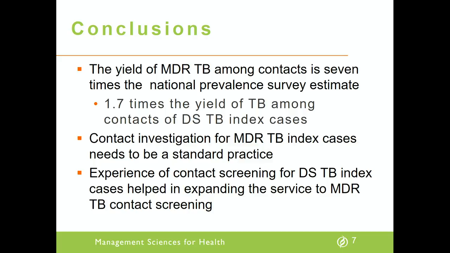So it's more pronounced in some focal areas that have poor housing conditions. And the yield was also 1.7 times the yield of TB among contacts of drug-sensitive TB cases. 1.7 times the yield in the contacts of drug-sensitive TB index cases.